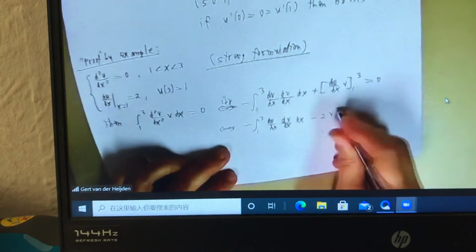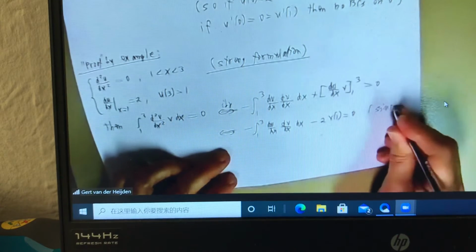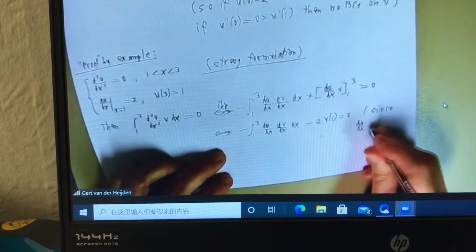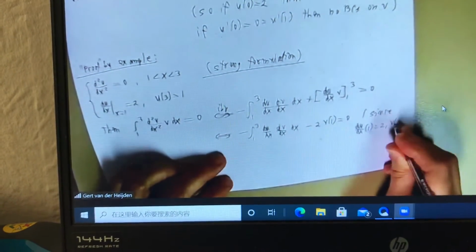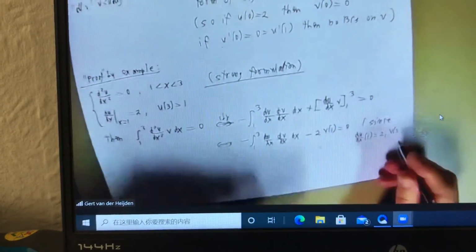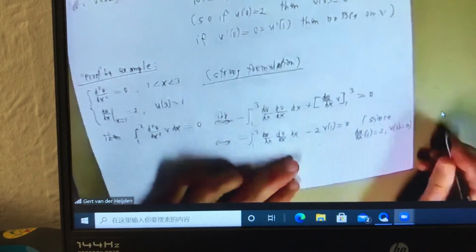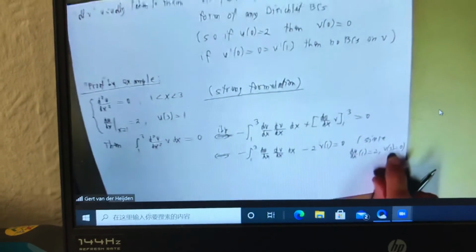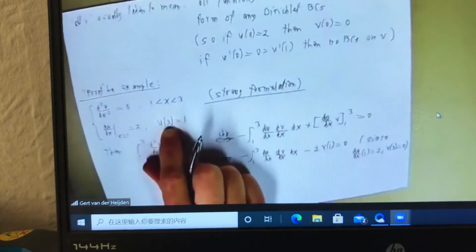Minus 2 v(1) equals 0, since I've applied both boundary conditions here: that du/dx at 1 equals 2, the boundary condition inherited from the problem, and I've used v(3) equals 0 by the rule of the weak formulation that the test function satisfies the homogeneous form of this Dirichlet boundary condition.